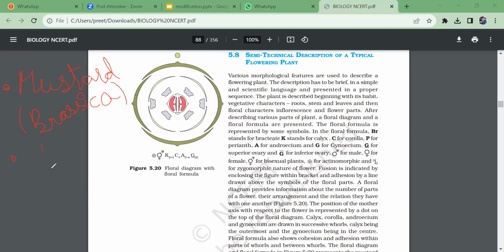Second is radish. Third one is turnip. Fourth one is cauliflower. Ma'am, we should write these examples, right? Yes. These are the examples for Brassicaceae.